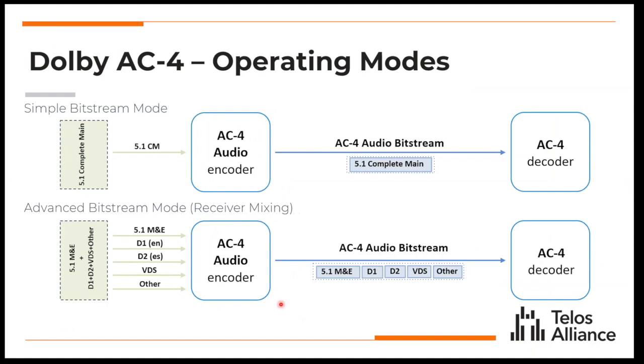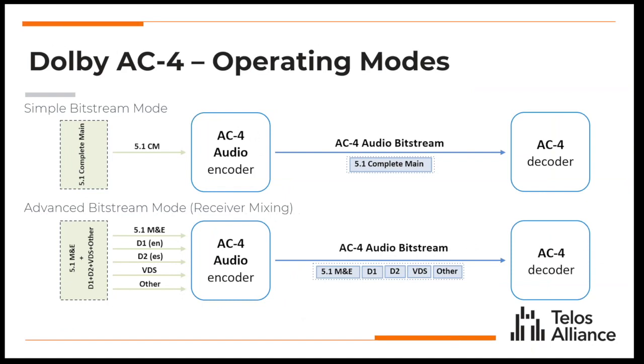One other advantage here, though, is if you stop and think about what we do with SAP or with VDS services today. You may send out a 5.1 complete main mix in English, and your SAP in stereo or your VDS service in stereo or mono.